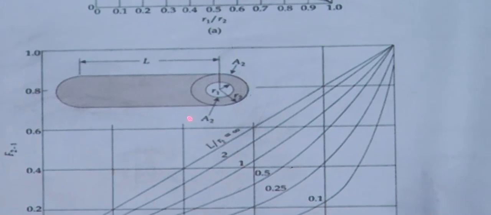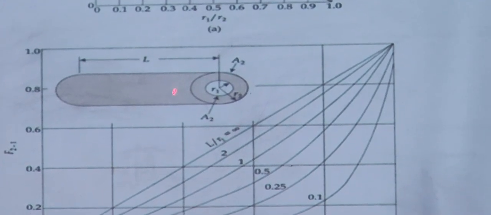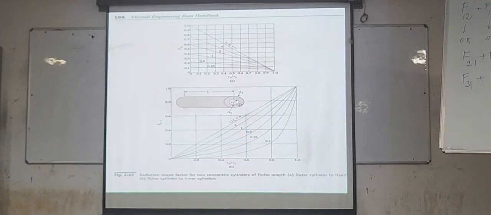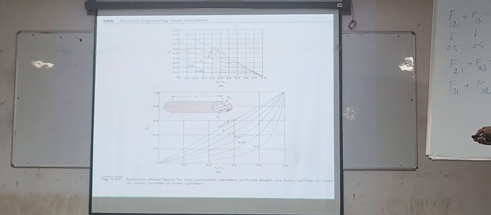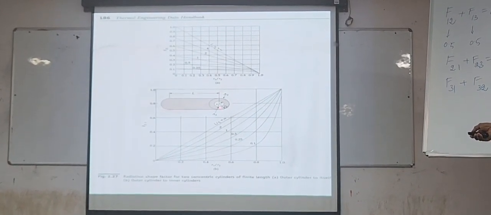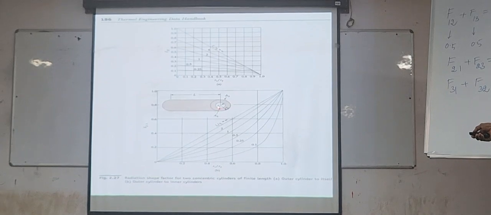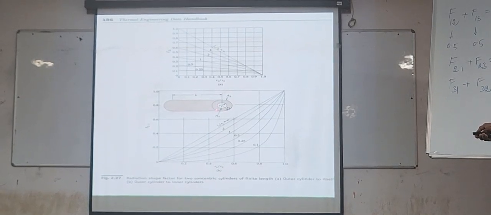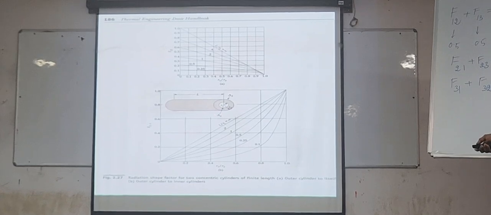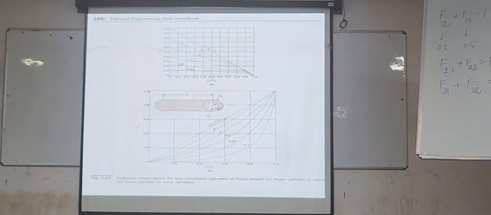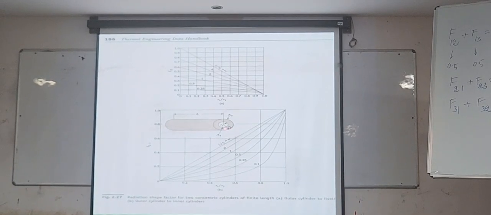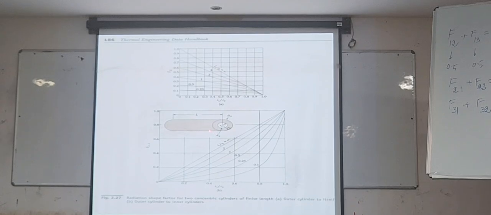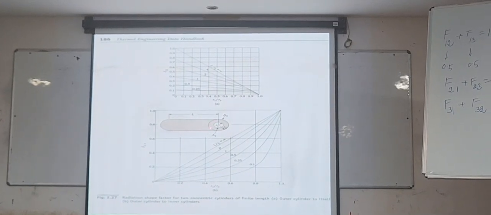So this is again the case of a cylinder in cylinder, two concentric cylinders. Here there are different possibilities. This is the inner cylinder and this is the outer cylinder, and the radiation exchanging surfaces are the outside surface of the inner cylinder and the inside surface of the outer cylinder. Suppose you take surface 1, the energy leaving it can fall on 2, and also on this top portion.